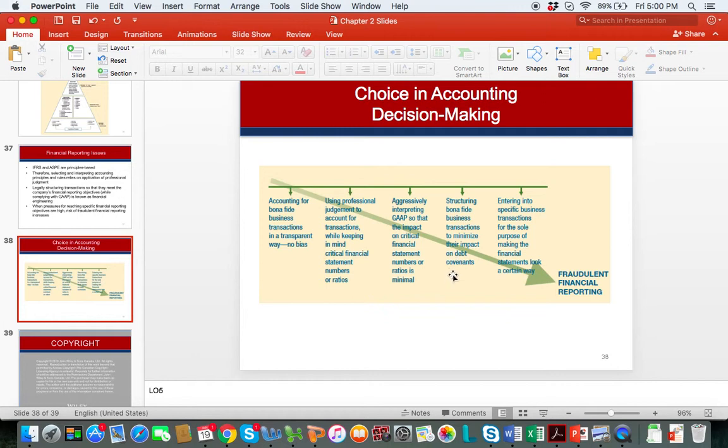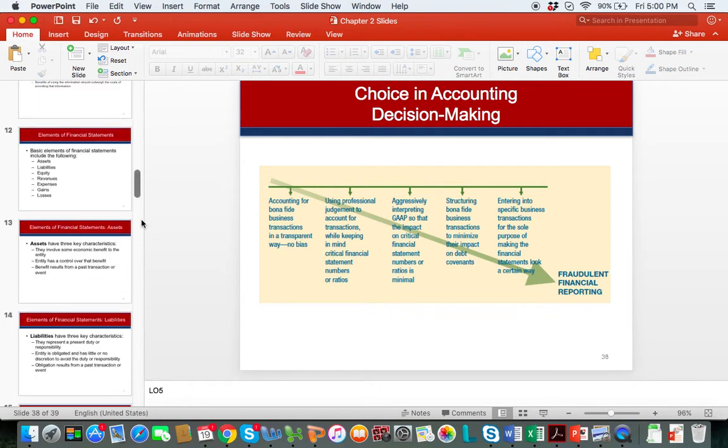So from a banking point of view, if you get a loan from a bank, the covenants are met. Basically the terms and conditions of the loans are upheld, so that you're not pretending that you're meeting your financial ratios, and entering into specific business transactions for the sole purpose of making financial statements look a certain way. So like fraud. You don't want to end up in that situation.